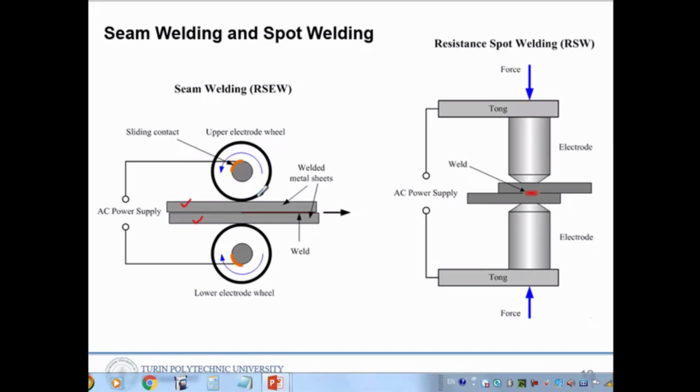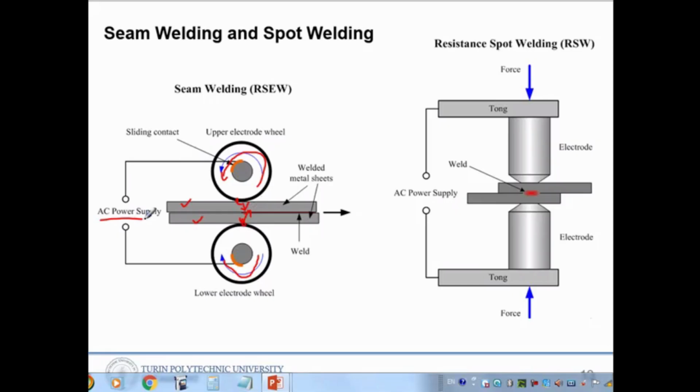So the wheels are rotating in this way, and in the touching area on the metal sheets, a kind of energy appears, and that energy will go in between the two sheets of metal.